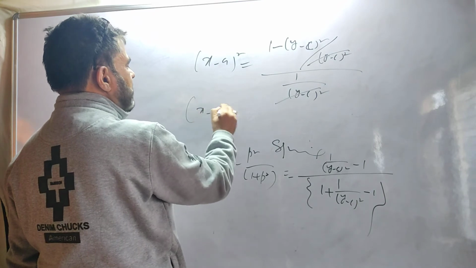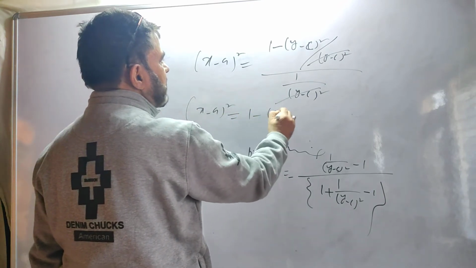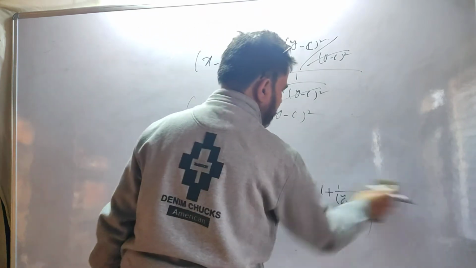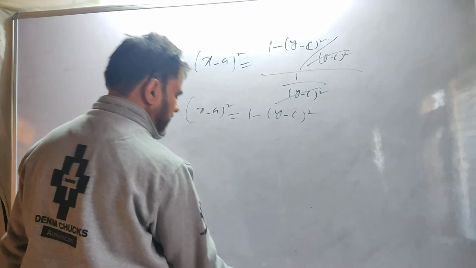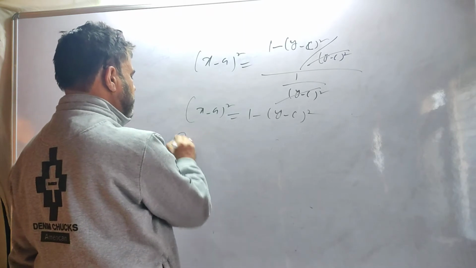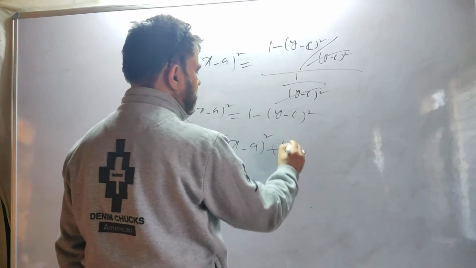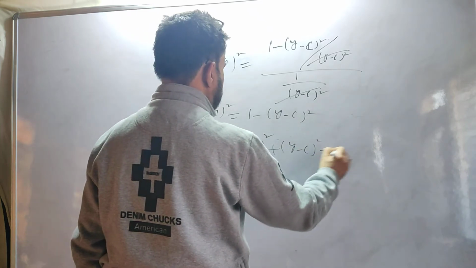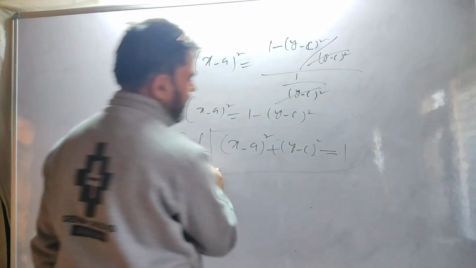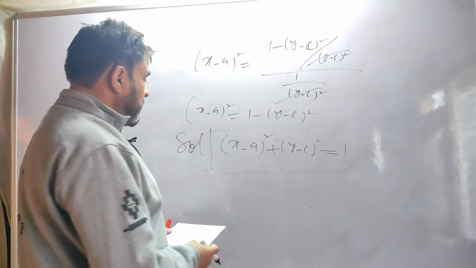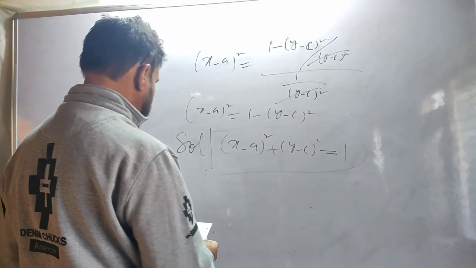Therefore the complete solution is x minus a square plus y minus c square is equal to 1. We have eliminated p here. Sometimes it is very easy to eliminate p, so you have got this solution of the differential equation.